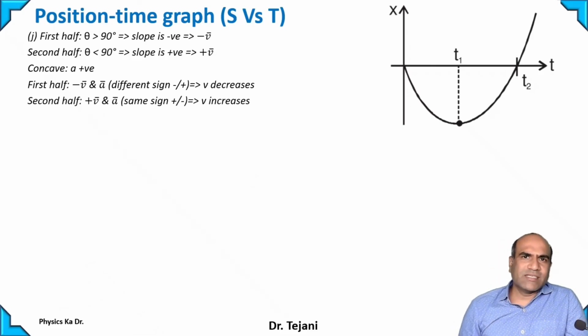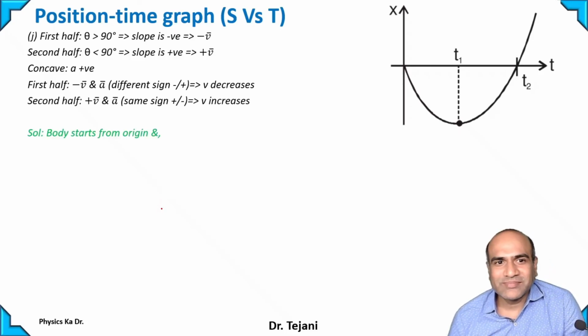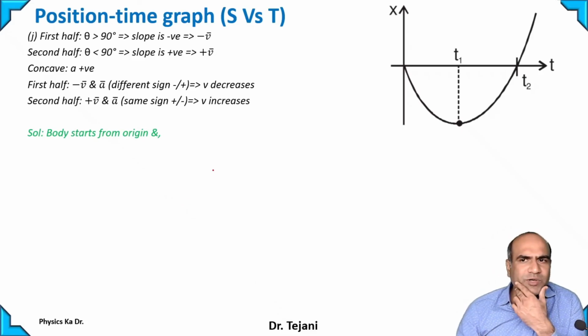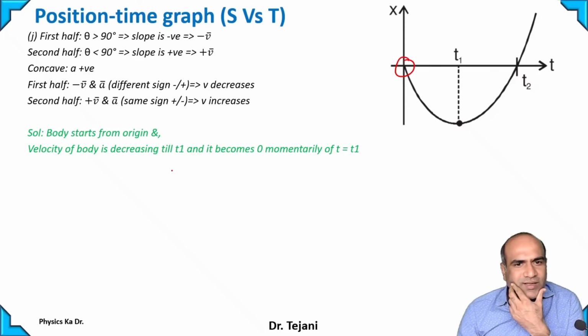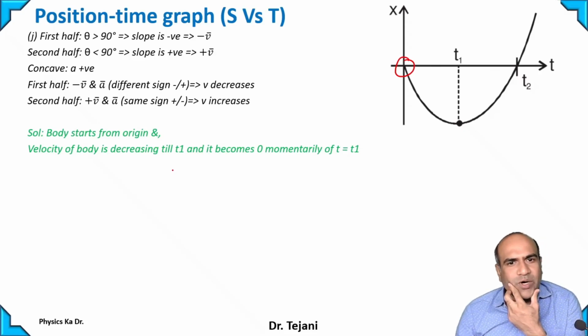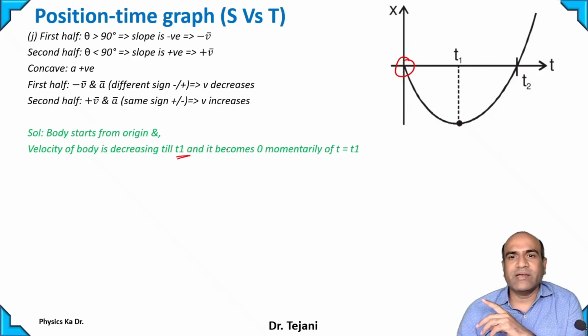This example is exactly the mirror of the last example. So the body starts from the origin. Then the velocity of the body decreases till t1, where it is zero. Here it is maximum velocity at the start, and it decreases till it is zero.